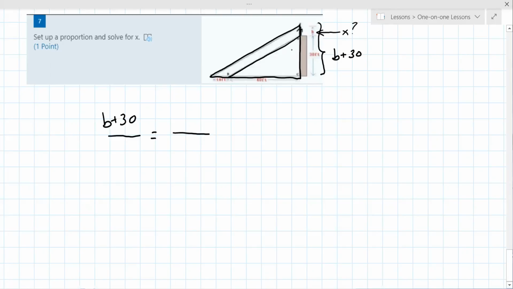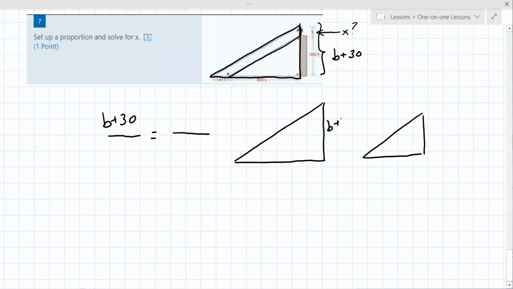So the triangles, this is the first time around the triangles are kind of overlapping on each other. It might help if I draw them off to the side here. This is the big one, and then this is the smaller one. So this is the B plus 30. This is 30. The smaller one is 40, and then this is 40 plus 10, or 50, if you will. So this B plus 30 corresponds to this side over here, the 30.